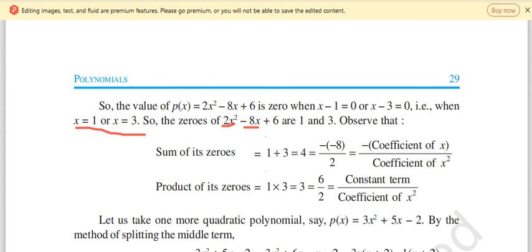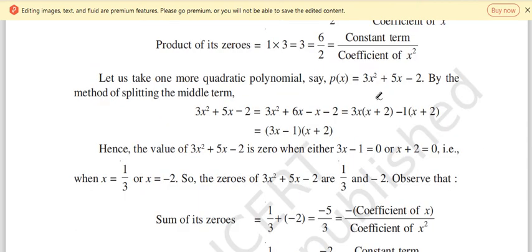Similarly, take another quadratic polynomial. By the splitting method of the middle term, we finally get 3x minus 1 into x plus 2.